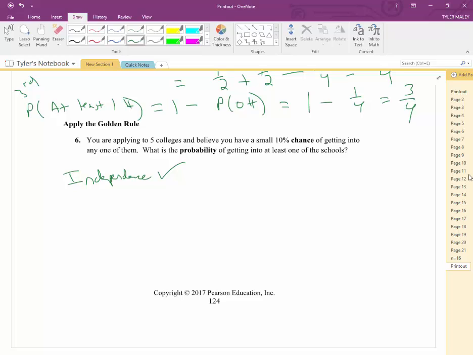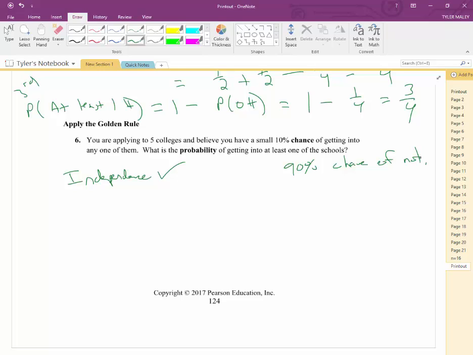Also, if there's a 10% chance of getting into them, that means there's a 90% chance of not getting into them, because that would have to add up to 100%. Either they accept me or they deny me. There's no in between.